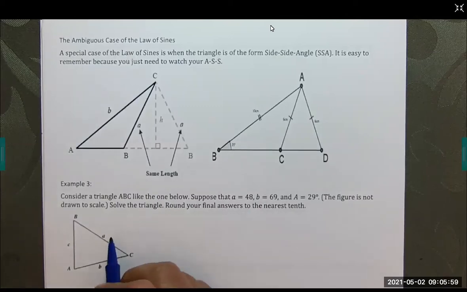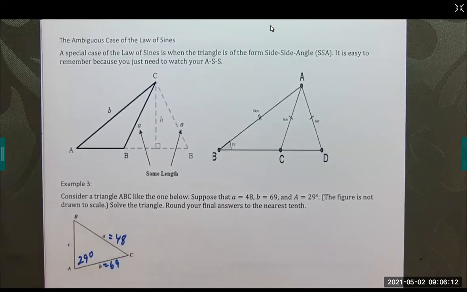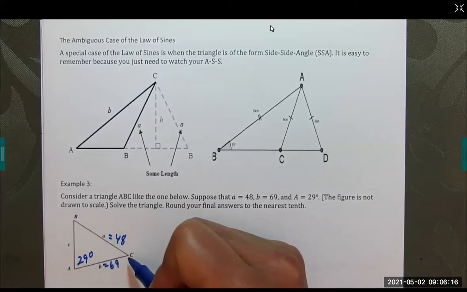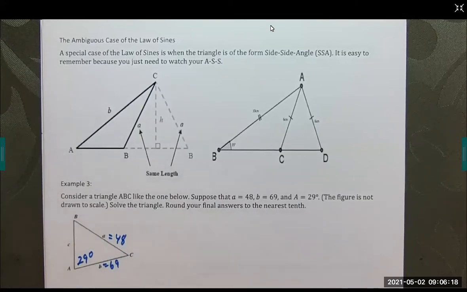This one says that we have that A is 48, side B is 69, and angle A is 29 degrees. All right, so what we are missing are angles B and C and side C. And we'll get to all that.